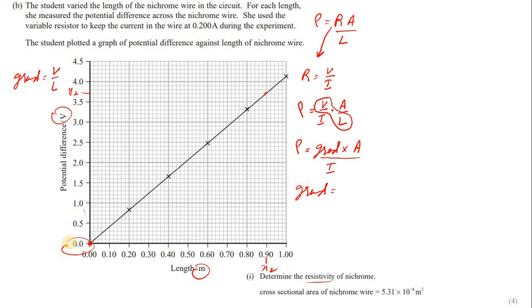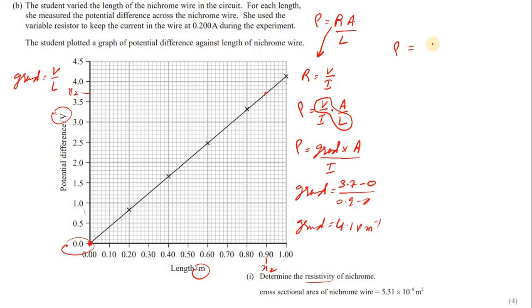So I can find the gradient using these two points. This is 3.7 minus 0 divided by 0.9 minus 0. So the gradient is 4.1 volt per meter.